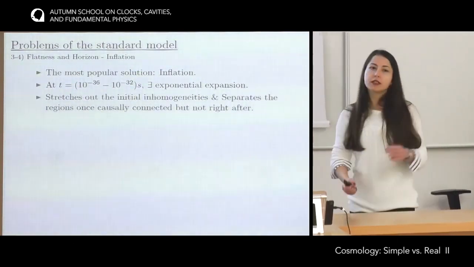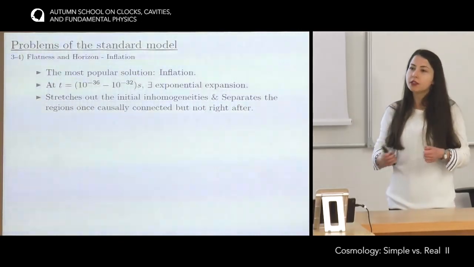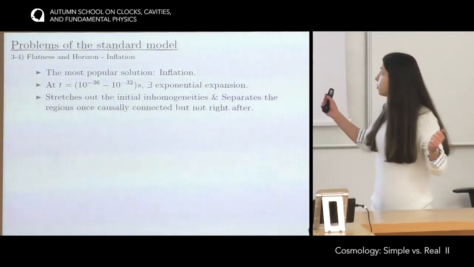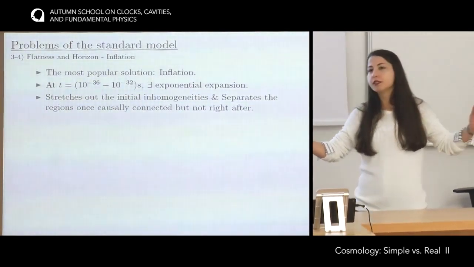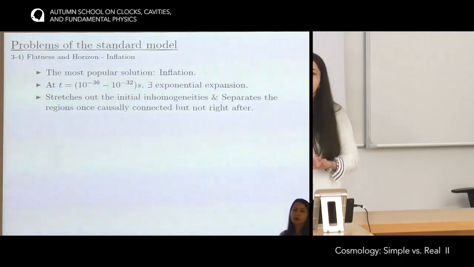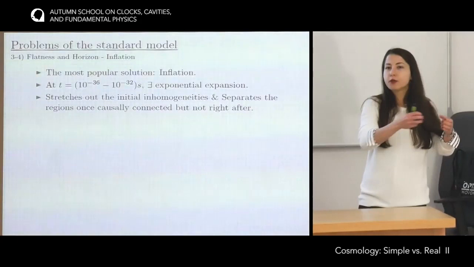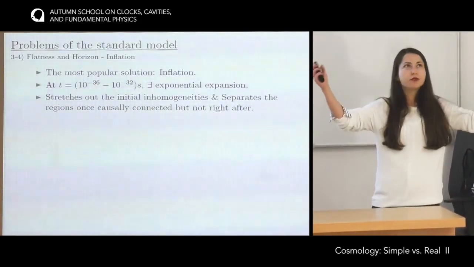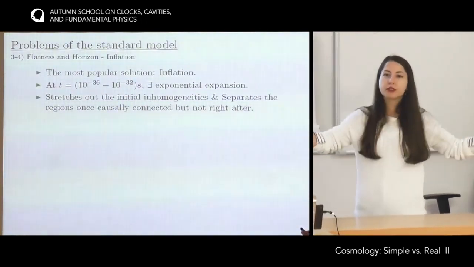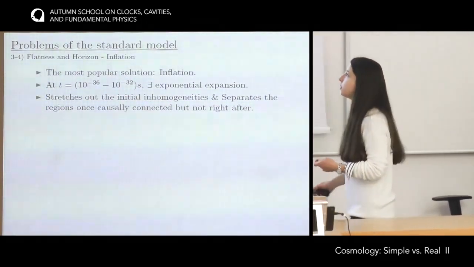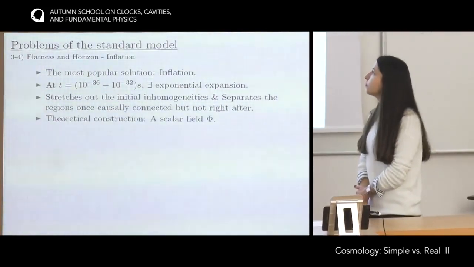That means even if you had some initial fluctuations in your gravitational potential, this hugely accelerated exponential expansion stretches out the inhomogeneities. Thus we now have a flat universe. The regions that we observe on different parts of the sky were really once causally connected, but because of the inflation, they got stretched apart to very far away locations.